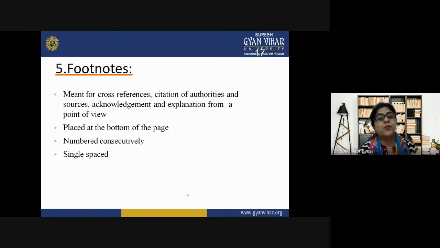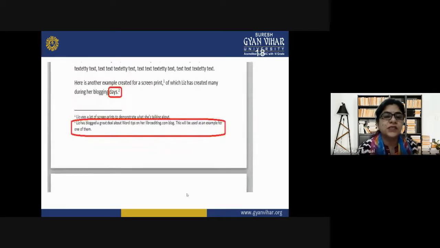Placed at the bottom of the page, students, it is given at the bottom and numbered consecutively. So just follow the sequence of numbers in all the chapters you are doing. Footnotes must be there if you are giving a quotation or any reference, and they must be single spaced. Just remember, footnotes are single spaced.